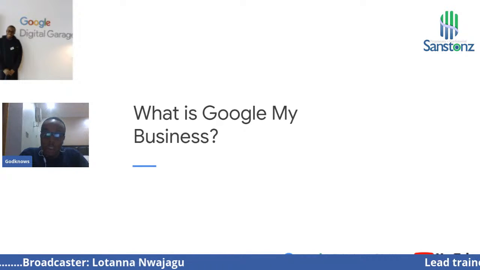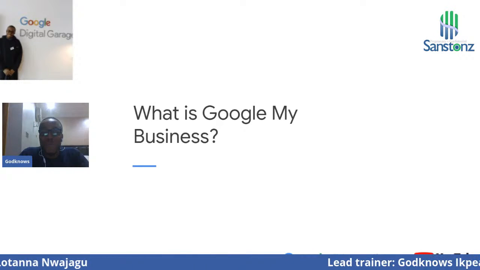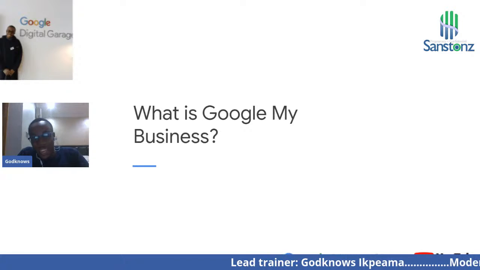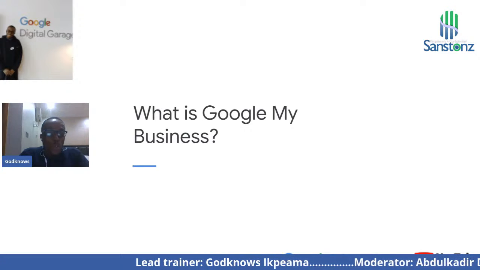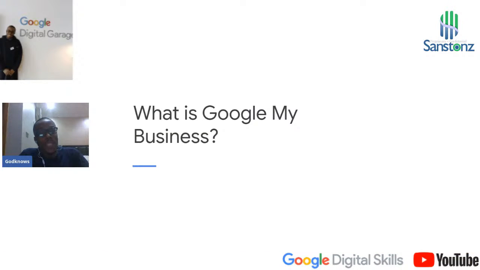I'd like to read it out, and of course I'll mention your name for giving me the answer. Like Paul said, he knows what Google My Business is. Anyone in the chat, remember there is no wrong answer, there are only answers.